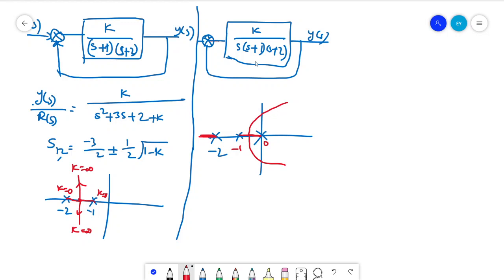So what this extra pole at the origin is doing is pulling the system to reach an unstable state. When your k is going from 0 to infinity, a certain value of k is making the system unstable.